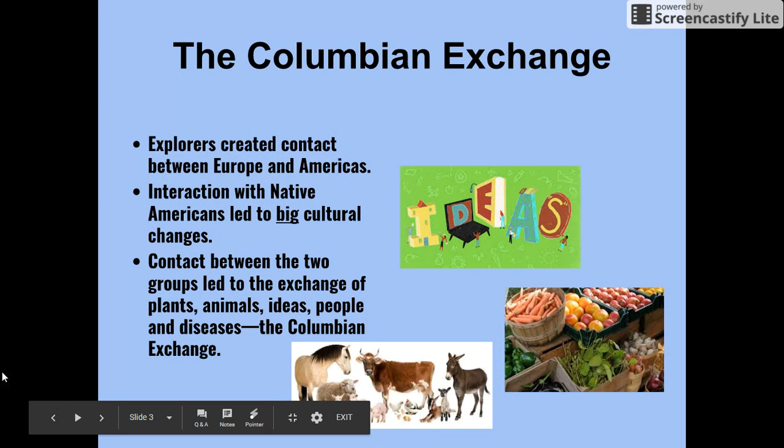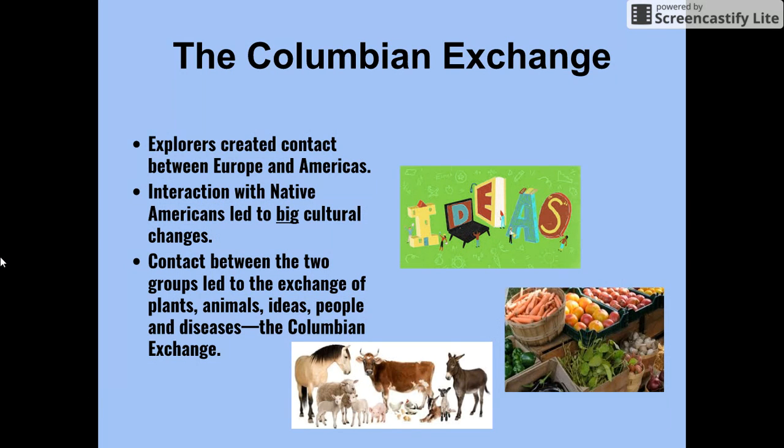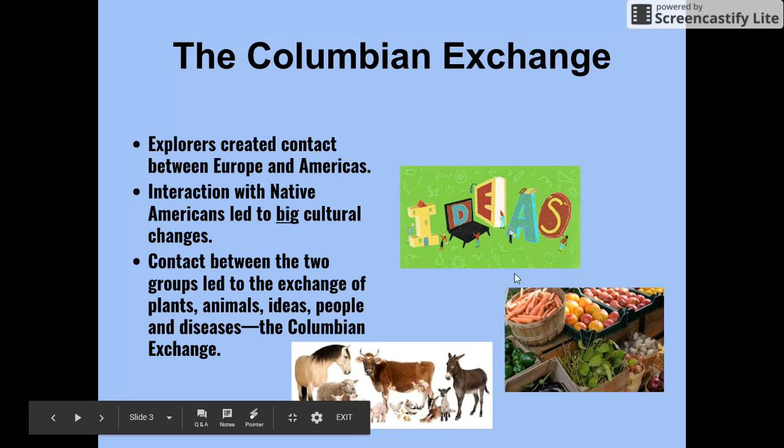So the Columbian exchange again continued. Explorers created contact between Europe and the Americas, which was what we just looked at with people sailing across the ocean. Interaction with Native Americans led to big cultural changes, such as the Native Americans and Europeans sharing ideas. They also are sharing different foods with each other.